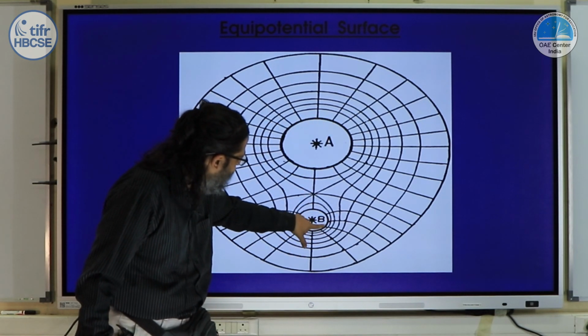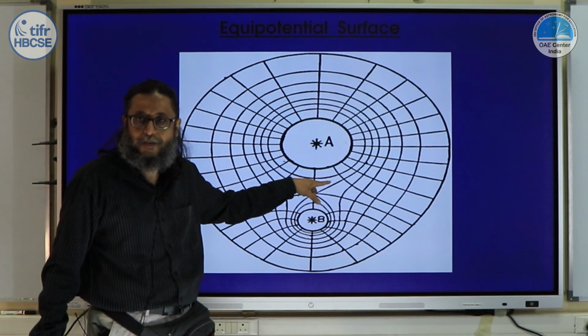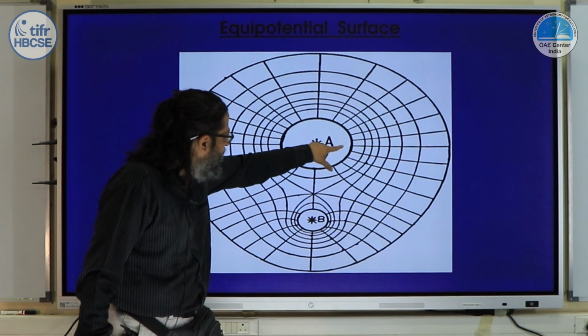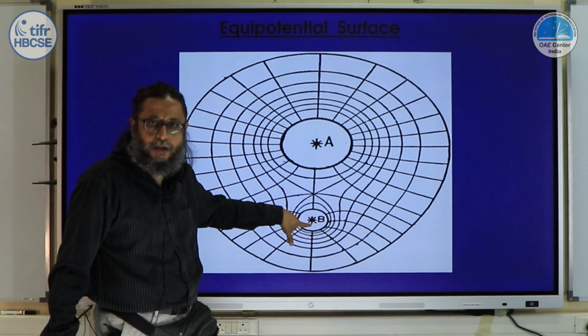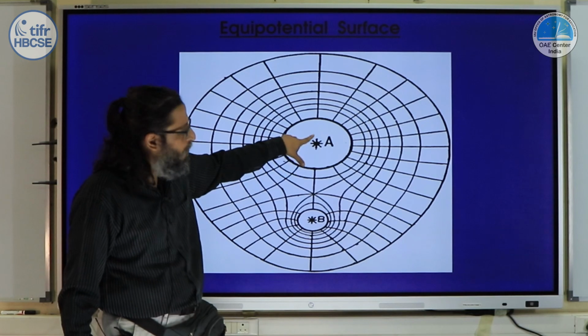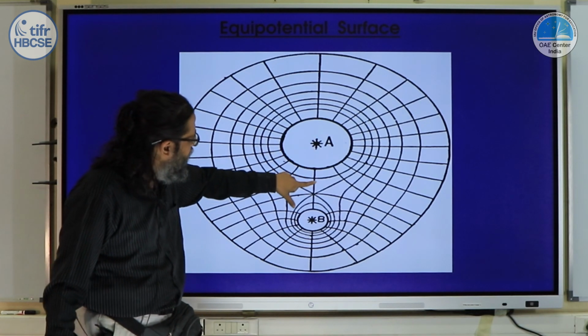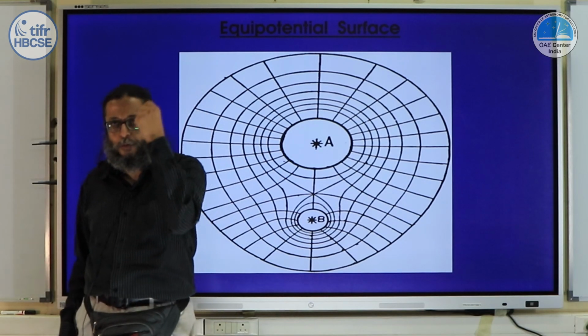Here these lines correspond to this object. But of course, it is always a sum of these two, right? Very near to this object, the potential lines are less influenced by the other object, and very near to the other object, the potential lines are less influenced by this object. Okay. At every other place, it is the sum of the two, right?